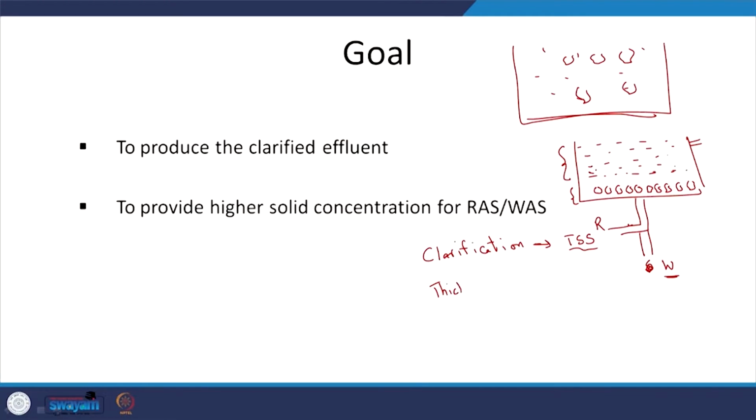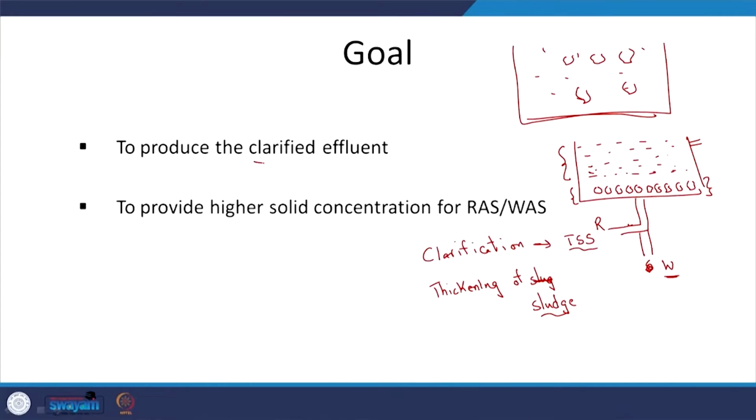So there I want to see to it that thickening of sludge happens such that most of the water within these flocks is removed. So two aspects: clarification of the water or supernatant above, and good thickening of the sludge, so that the water is coming out of this particular sludge.